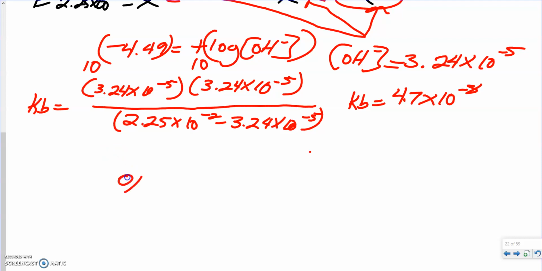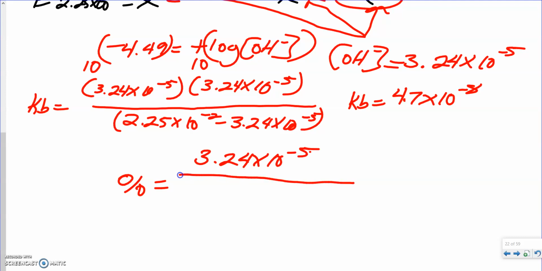Percent dissociation is going to be equal to how much dissociates, which in this case is our x value, so 3.24 times 10 to the negative fifth, over our initial concentration of 2.25 times 10 to the negative second, and of course that's going to be times 100.